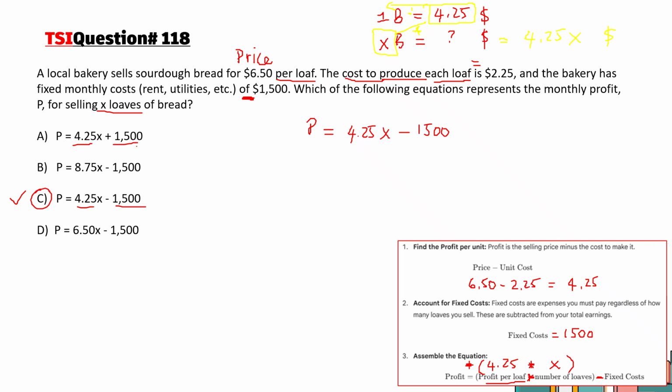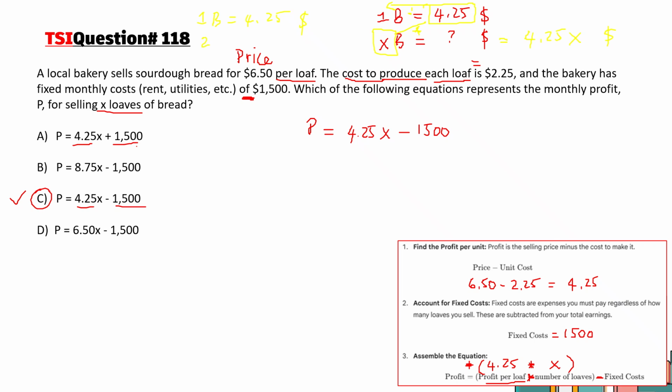So if you forgot about this method, you can also think, hey, if I sell one bread, I will earn 4.25. So if I sell 2, of course I earn double, right?